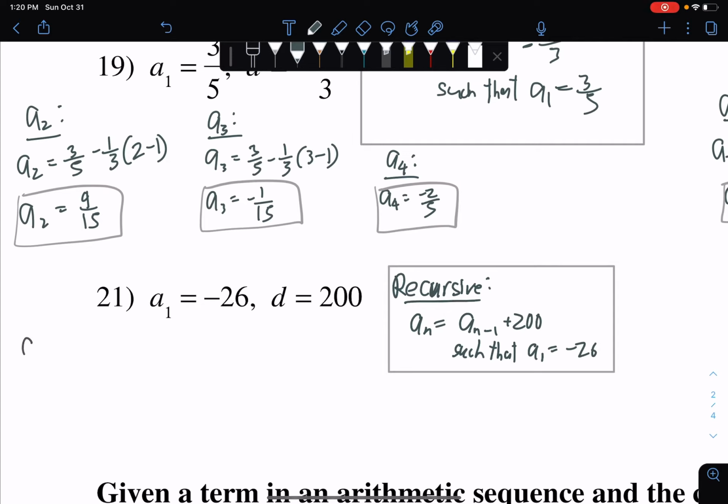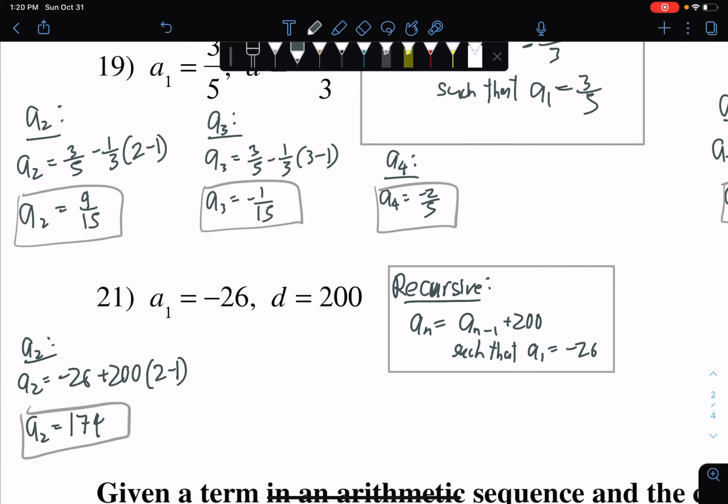Okay. A sub 2 is equal to negative 26 plus 200 times the quantity 2 minus 1. Negative 26 plus 200, times 1 also, is equal to 174. It's not a negative, it's a positive integer.